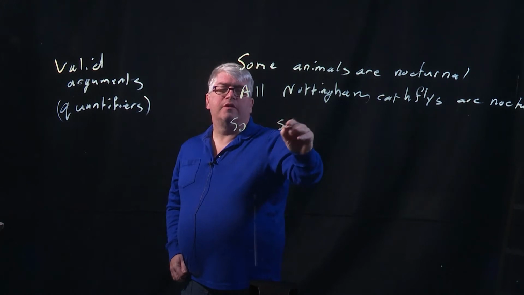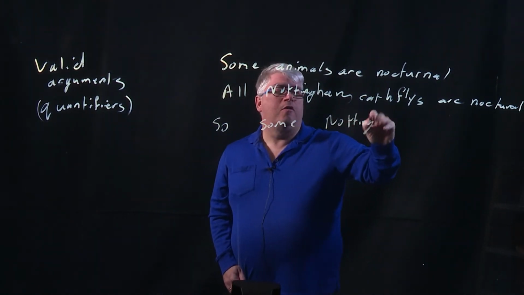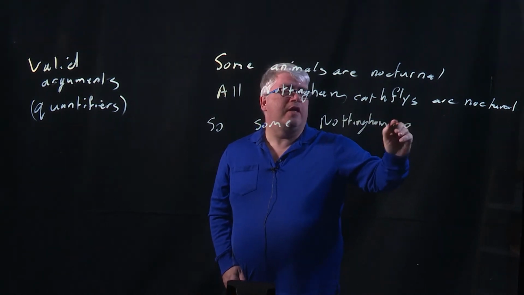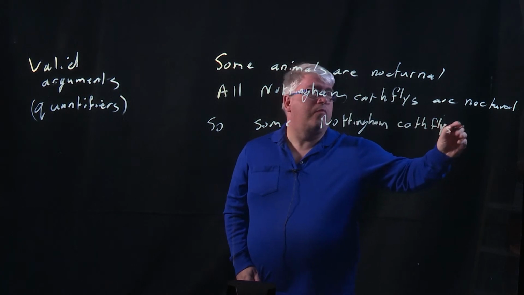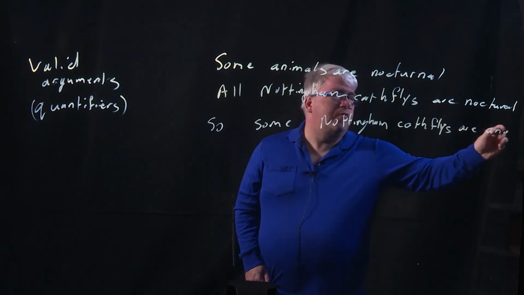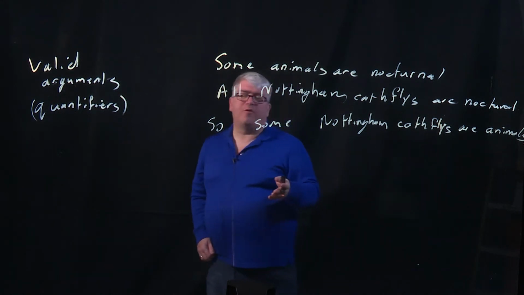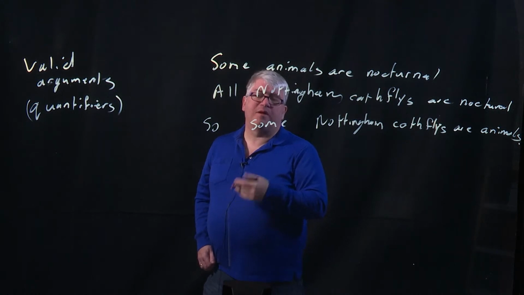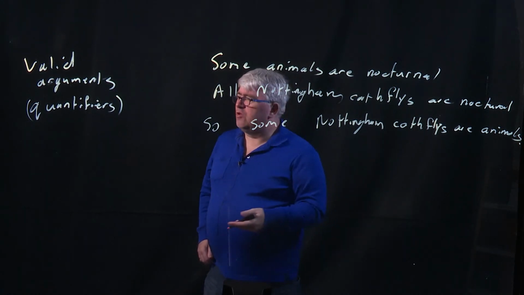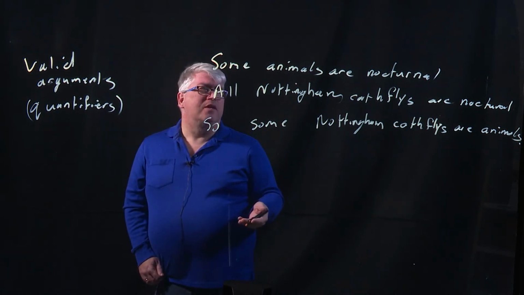So some Nottingham catchflies are animals. And if you're from Nottingham, you'll know what Nottingham catchflies are, but I specifically picked something that most of you wouldn't know, because I want you to draw the diagrams to find out.